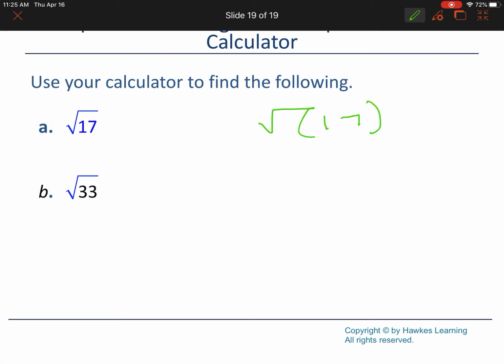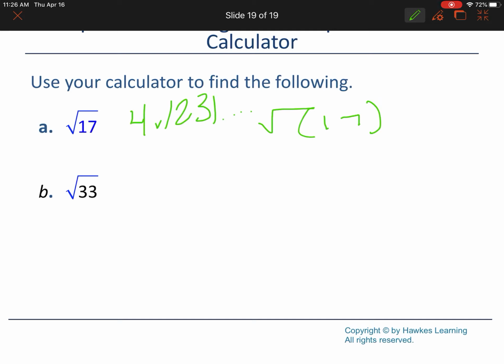Then you can type in 17 and then close the parenthesis and hit enter, and that will give you the square root of 17. Okay, so the square root of 17 should come out to be 4.123105626. Anyway, we'll leave it at there, right?